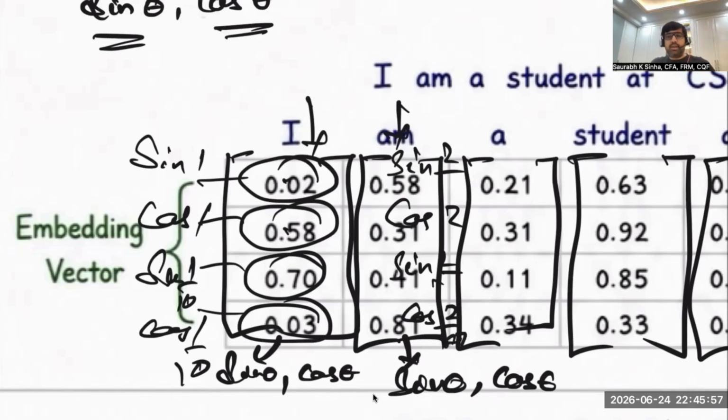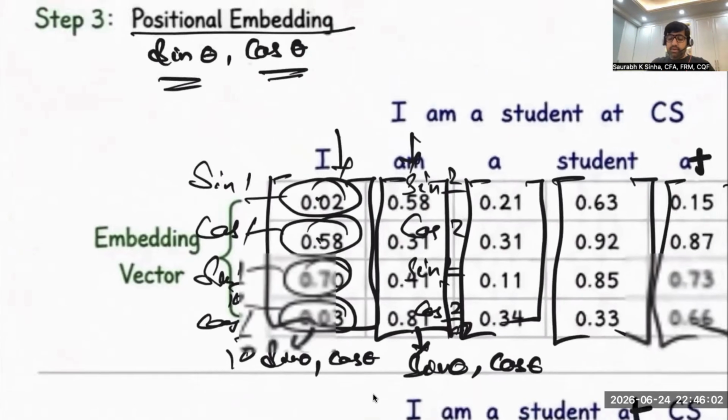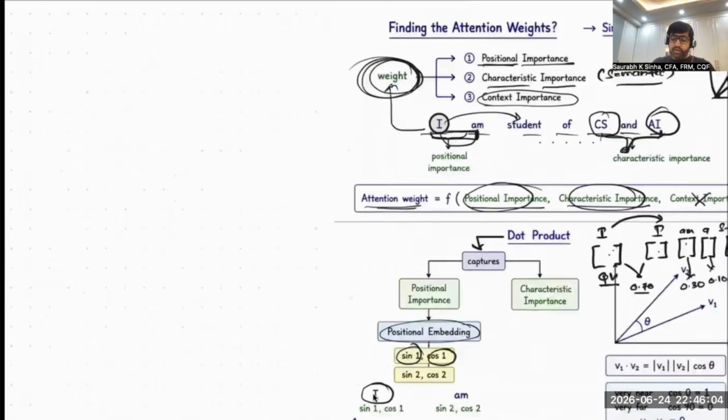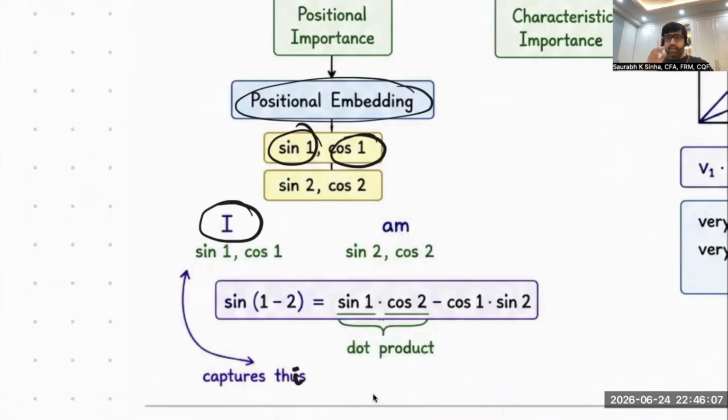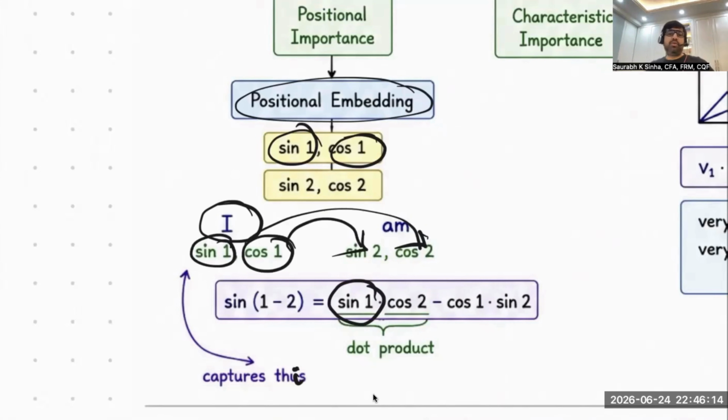You remember that? I just added that information. But if today I'm doing a dot product, at the end, what will happen? Sine 1 will get multiplied with cos 2, and cos 1 will get multiplied with sine 2. And when you do this dot product, it would tell you that 1 minus 2 is minus 1. It tells you that "I" is just one position before "am," and "am" is just one position after "I."